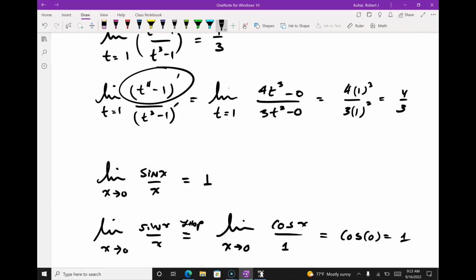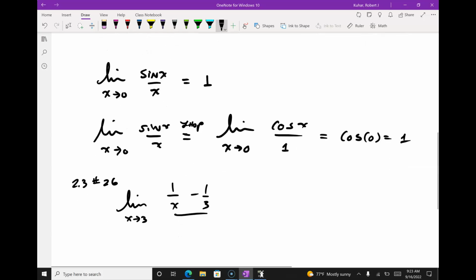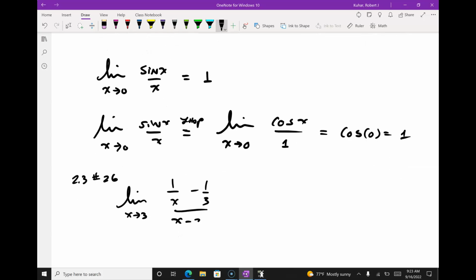Number 25 is tough to do with L'Hopital's. I'm going to look at 26. So this is from 2.3, number 26. It says the limit as x goes to 3 of 1 over x minus 1 over 3, over x minus 3.